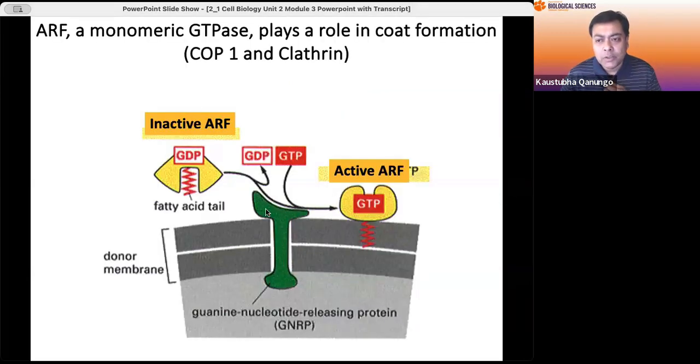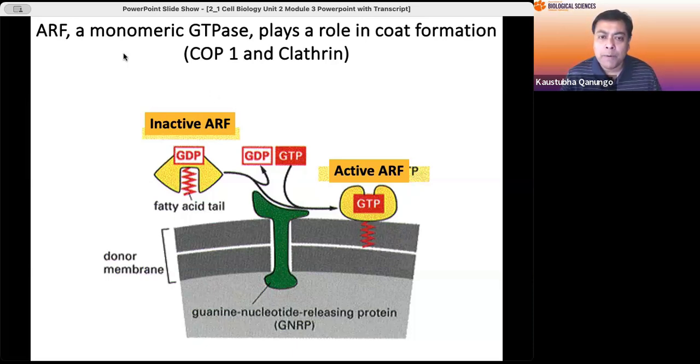So here is another one. This is an ARF. This works with COP1 and clathrin. So instead of a protein tail, this has a fatty acid tail. So this is a lipoprotein bound with a GDP, but same function, with a guanine nucleotide exchange factor. GDP is replaced by the GTP. As soon as the GTP is added, the fatty acid tail inserts into the membrane.